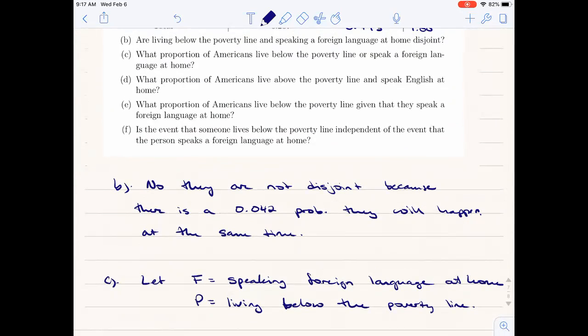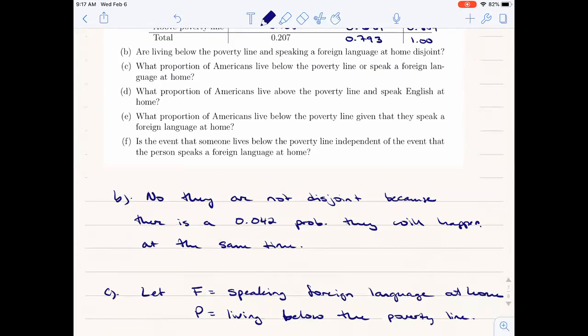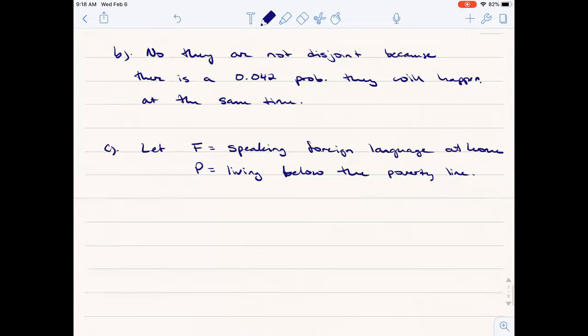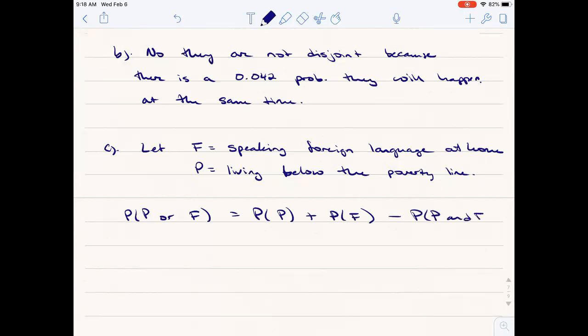And we want to know the probability, right, which is a proportion of Americans live below the poverty line or speak a foreign language at home. So the probability of P or F is the probability of P plus the probability of F minus the probability of P and F.